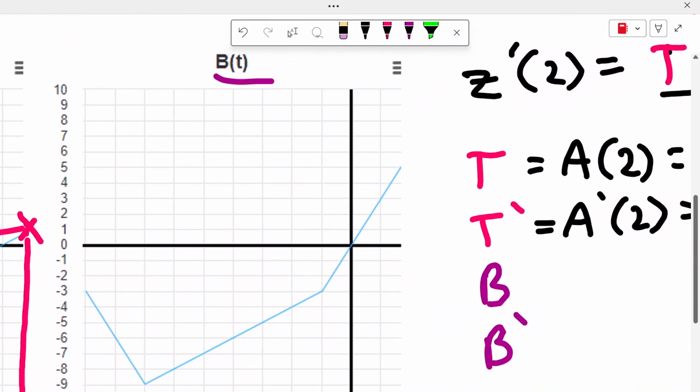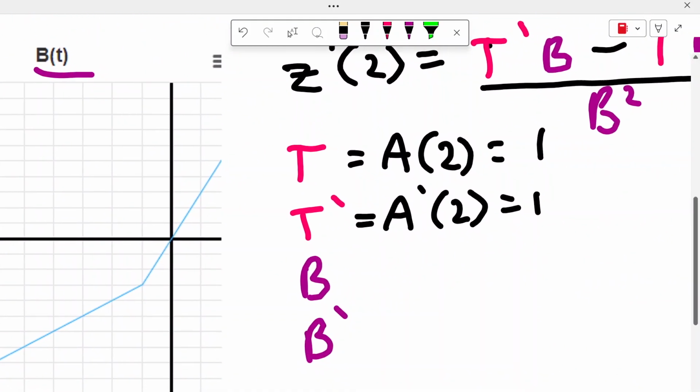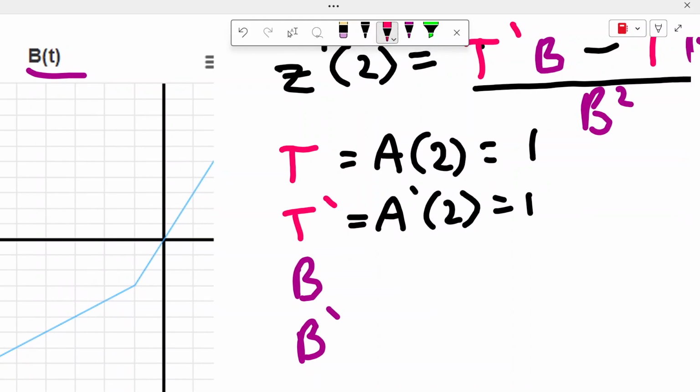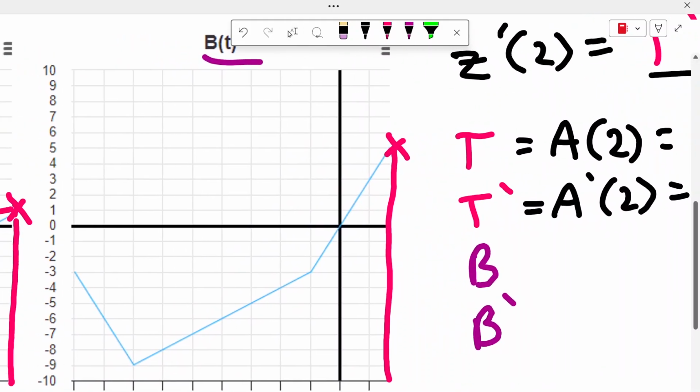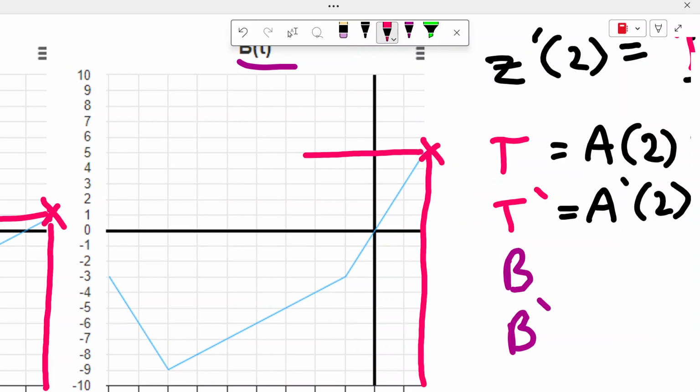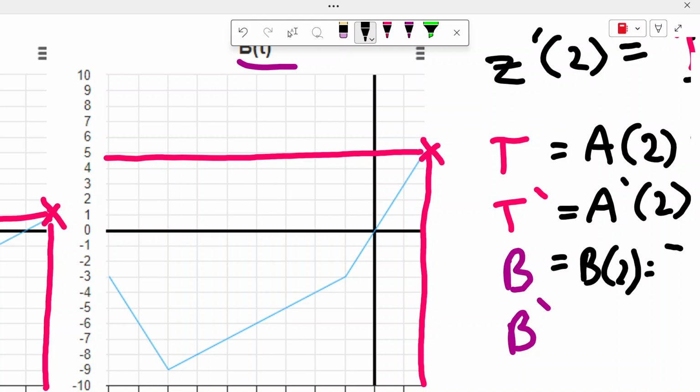Perfect. And then the next one is, again, we're trying to find it at 2. And we have a look at this guy. And that is at 5. So we can say that the bottom bit, b at 2, is equal to 5.